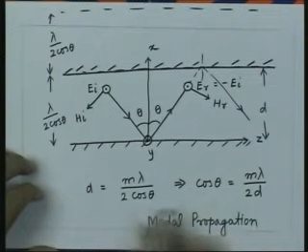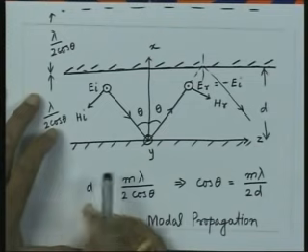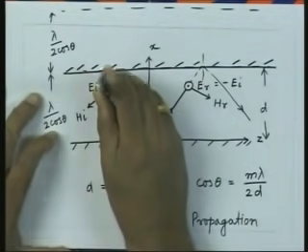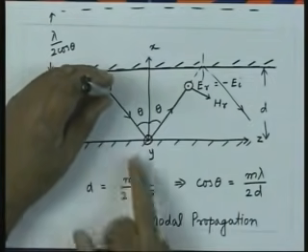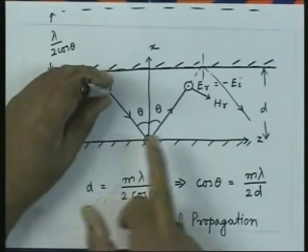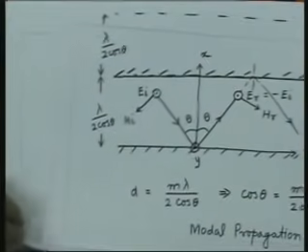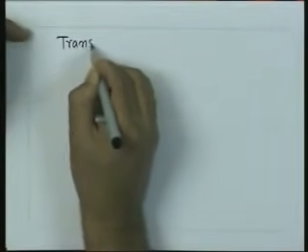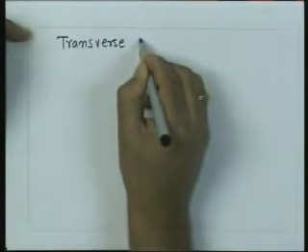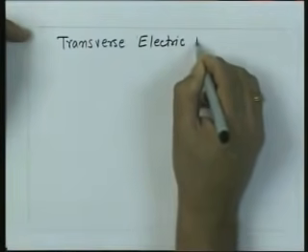So we call this mode, whatever patterns are going to be set up inside the structure, since these patterns will have an electric field transverse to the direction of net wave propagation, the transverse electric mode.